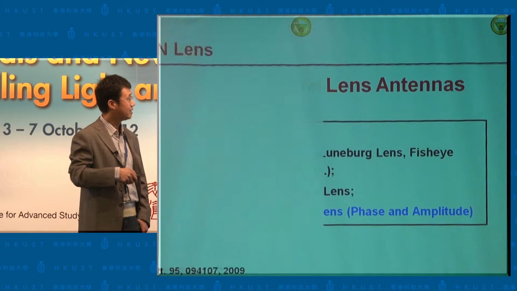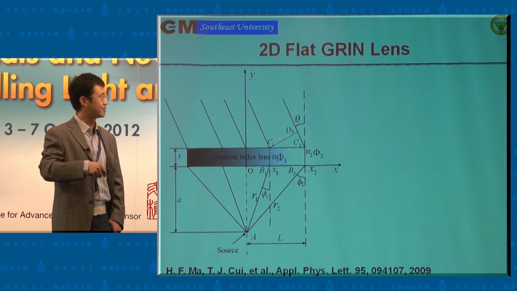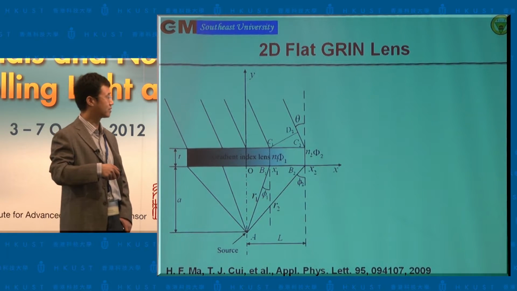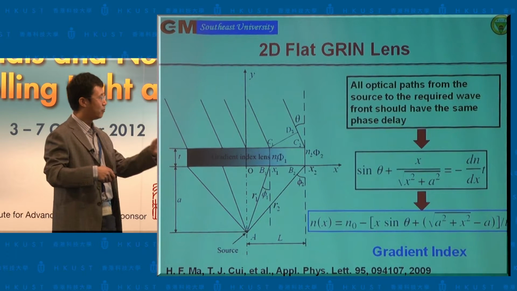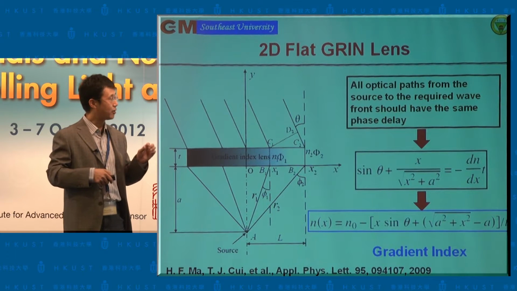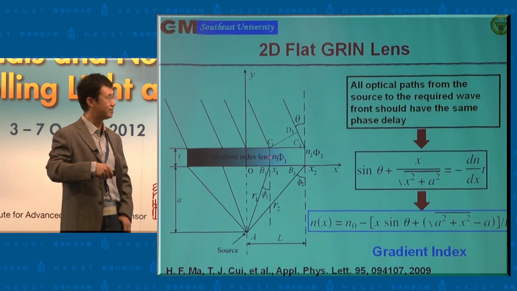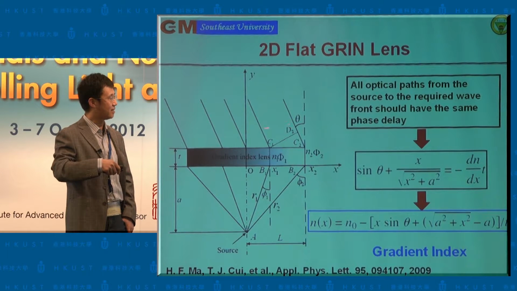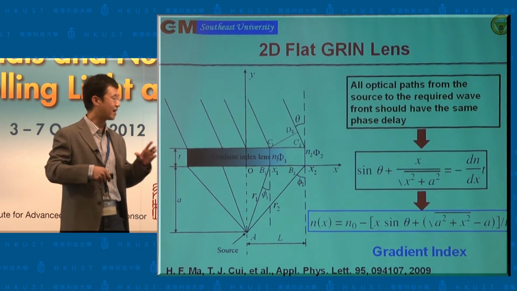So this is the first example of the metamaterial lens, initially proposed by Professor Smith's group. Actually, we can use the geometric optics method to derive the distribution of the index of refraction to guarantee the phase on the required aperture is equal.